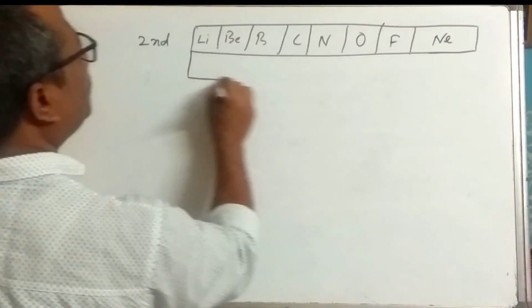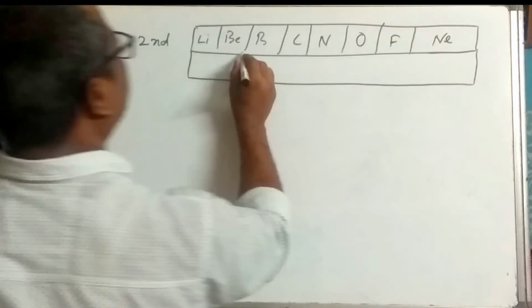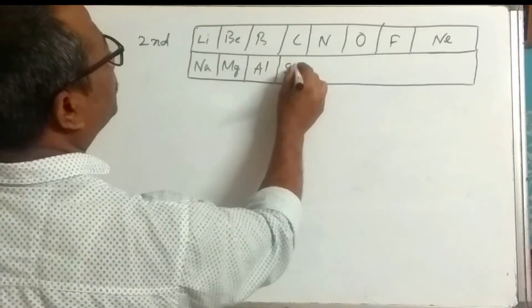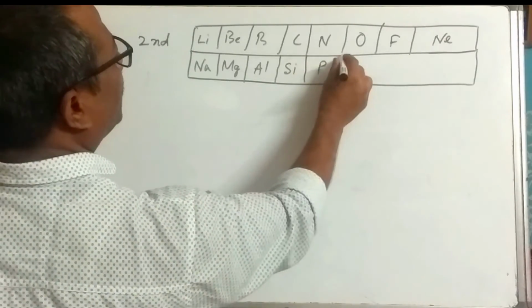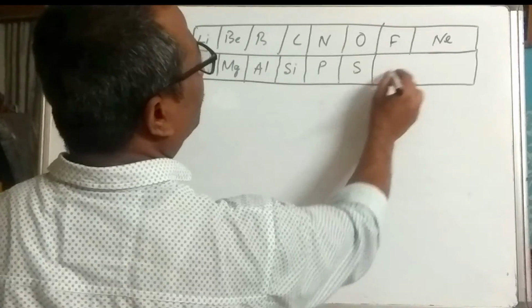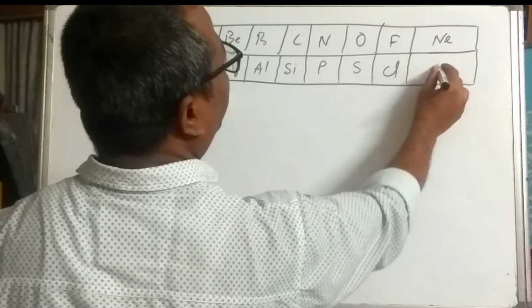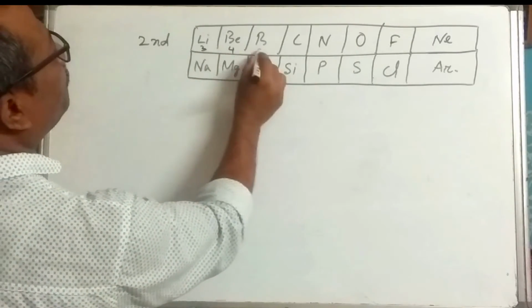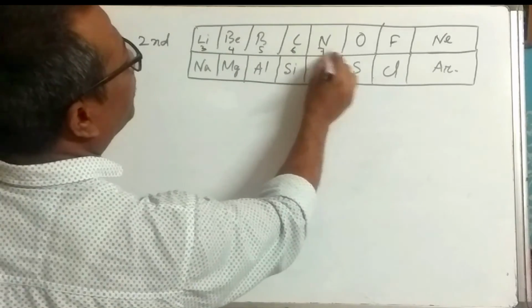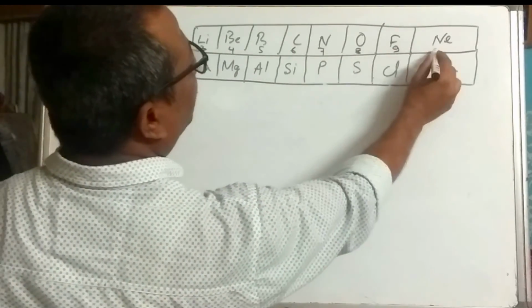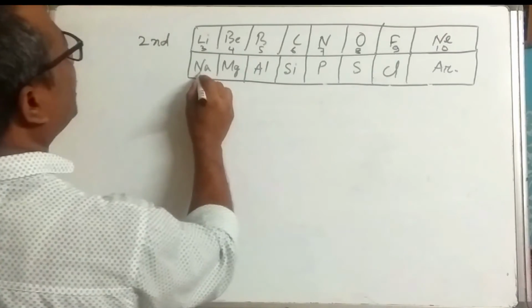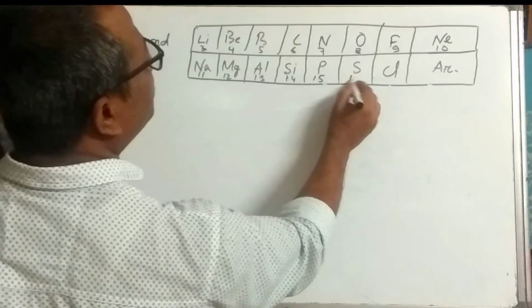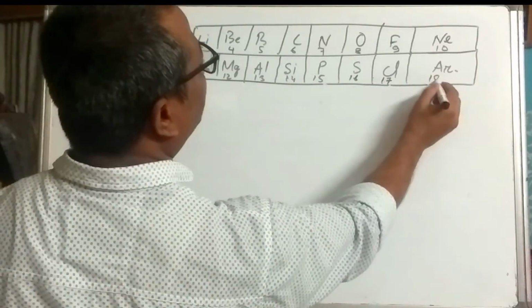On the third period, here sodium, magnesium, aluminum, silicon, phosphorus, sulfur, chlorine, and argon. The atomic number of lithium is 3, 4, 5, 6, 7, 8, 9, and 10. Sodium 11, 12, 13, 14, 15, 16, 17, 18.